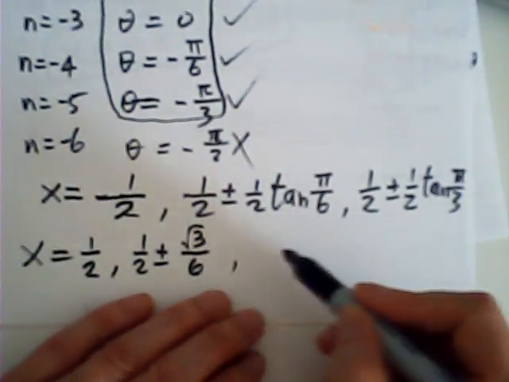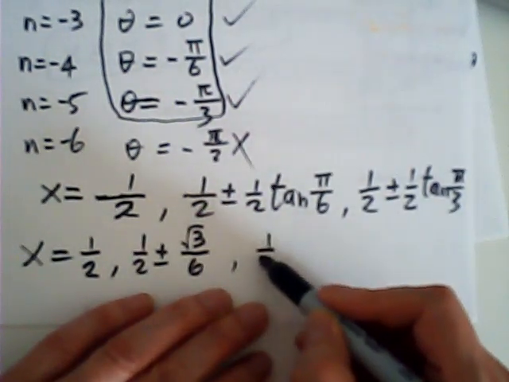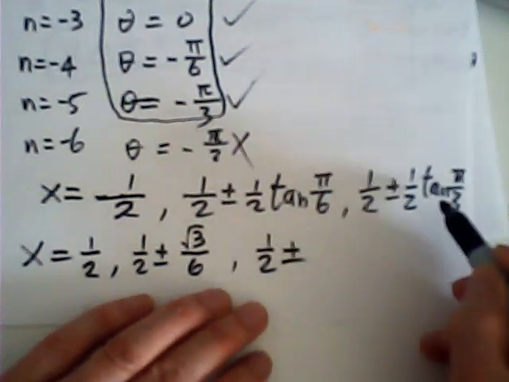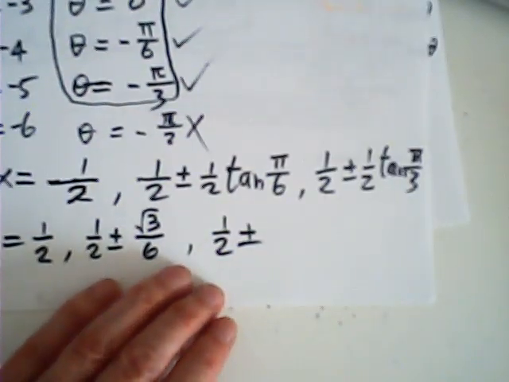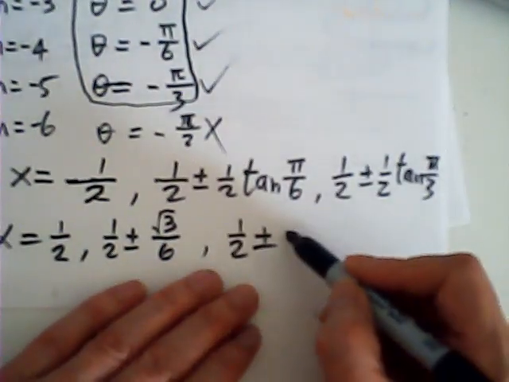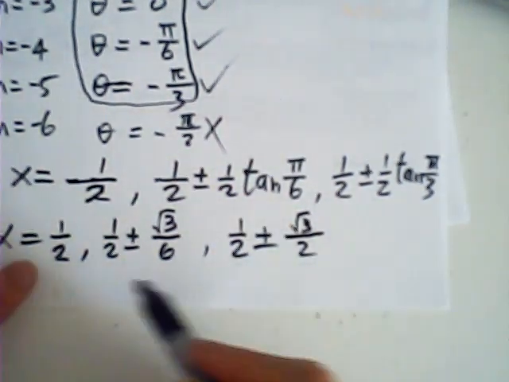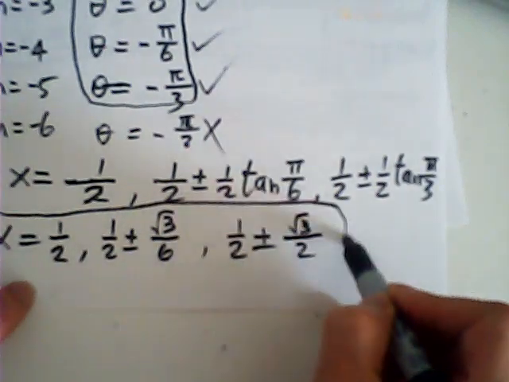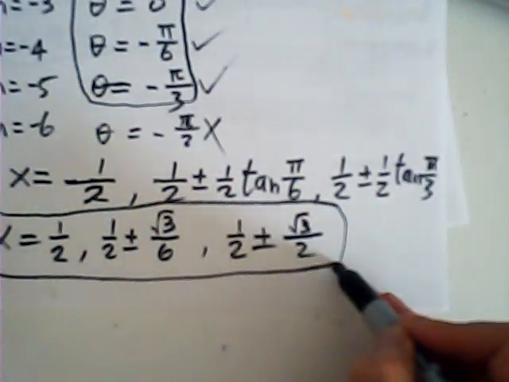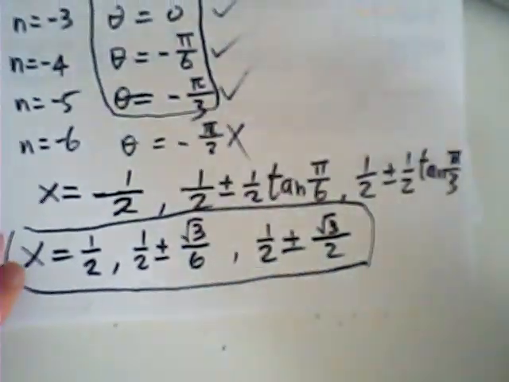Yeah. And tangent a third pi is root 3. So this plus or minus root 3 over 2. So these are the 5 roots. 5 roots for this equation.